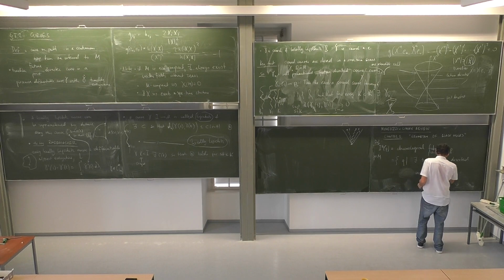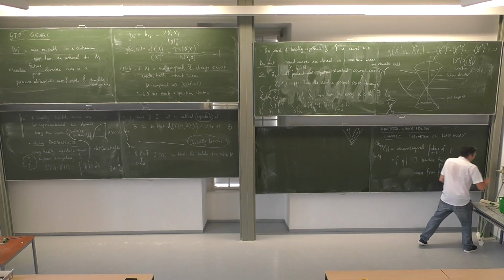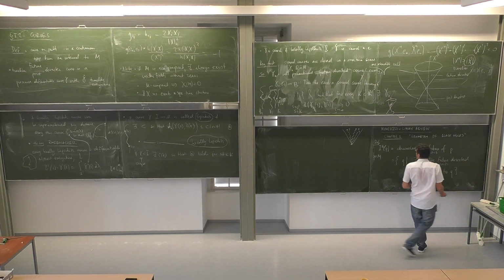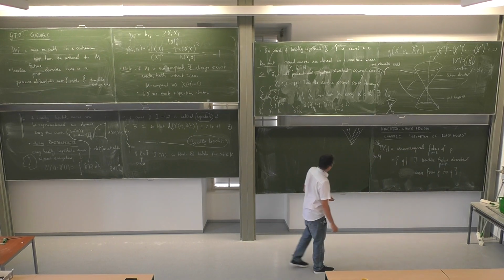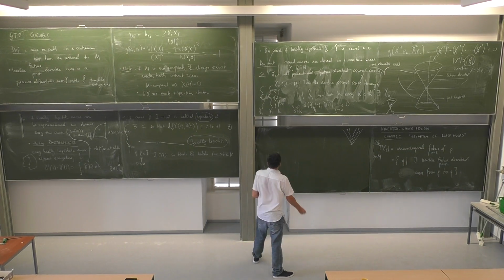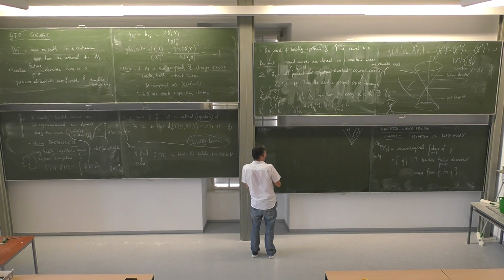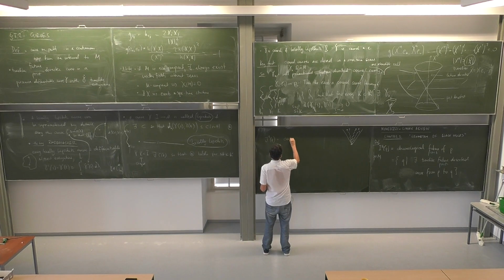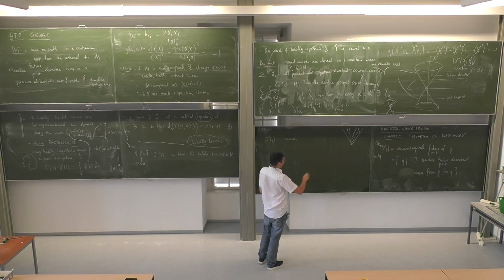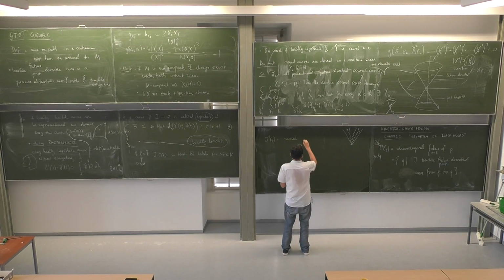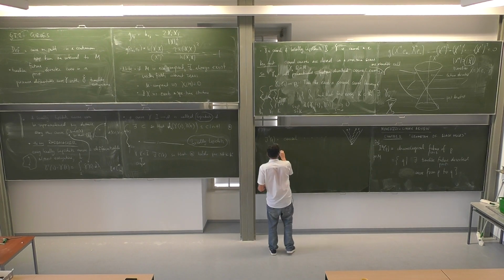And you can define the causal future, J plus of P, and the causal past, like before.